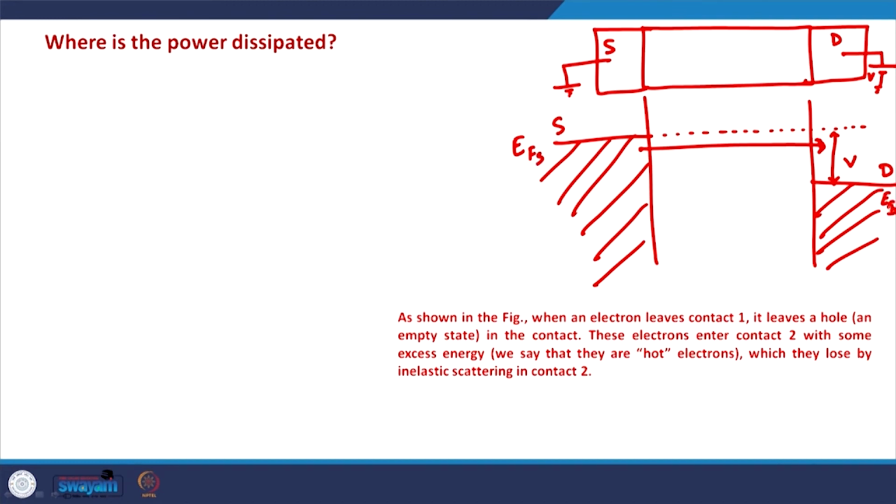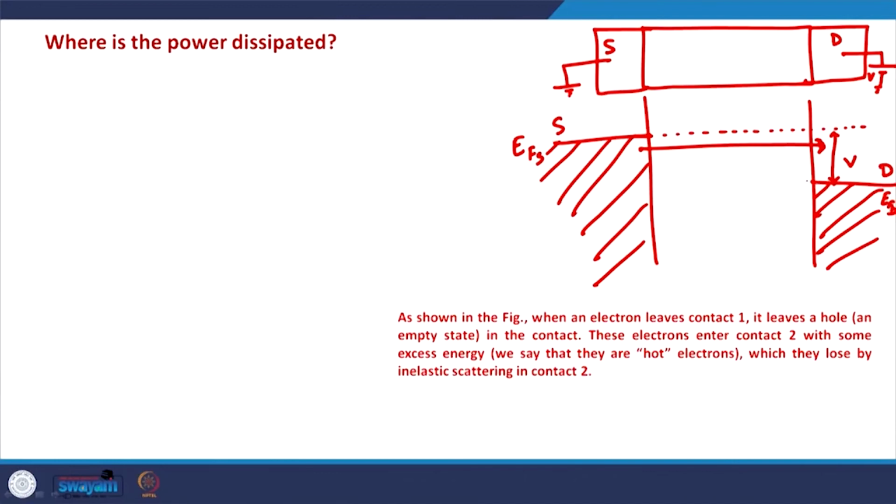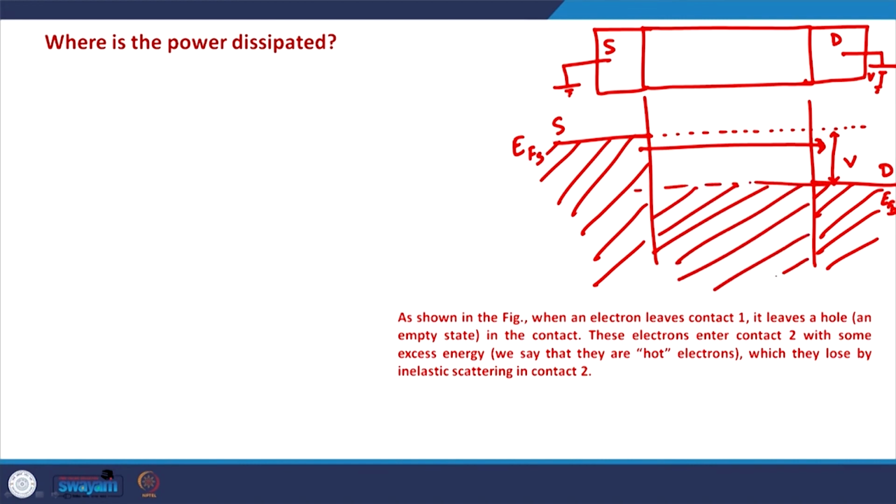And generally the way things happen is that the source terminal tries to fill all the states in the channel up to the source Fermi level. It tries to bring the channel in equilibrium with the source Fermi function. Similarly, the drain tries to fill all the electronic states up to the drain Fermi level. So, the states below the drain Fermi level are all filled because both the contacts are trying to fill these states.